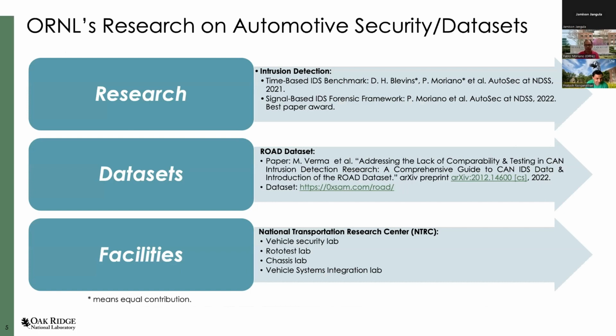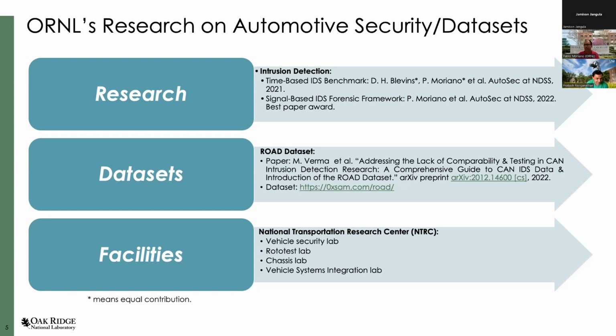Now, with respect to the research and this talk, I'm going to focus on two dimensions of these figures because I don't have enough time to cover facilities. The idea is to illustrate the state-of-the-art work that we are doing here for securing automotive networks in two dimensions.